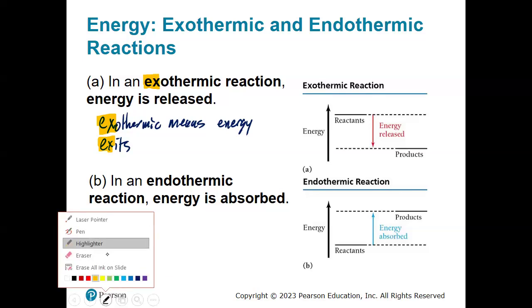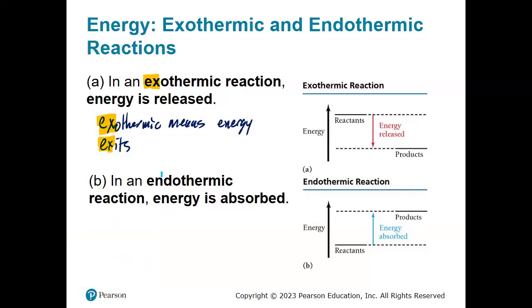In an endothermic reaction, we actually see the opposite thing happening. In an endothermic reaction, the energy of the reactants is lower than the energy of the products, which means that we have to add energy to that system to get it to go to completion.